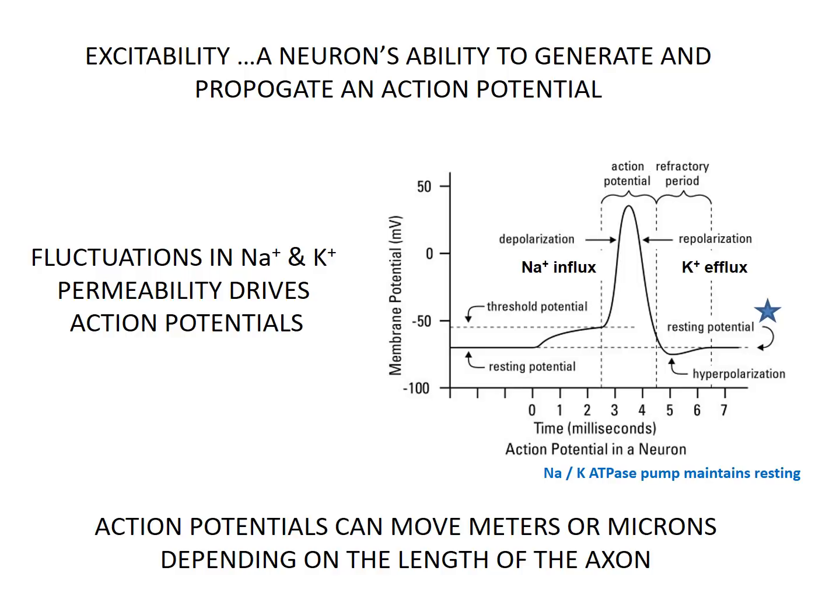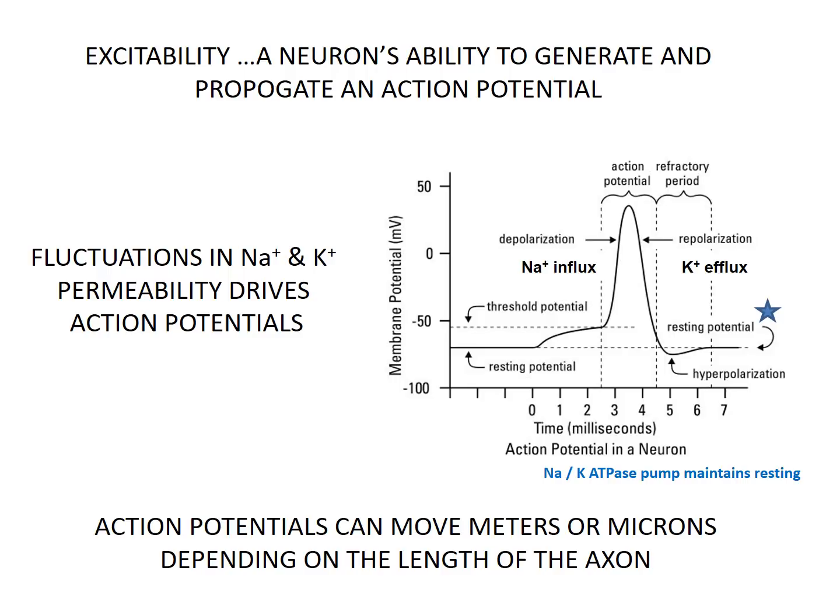The axons of neurons can be very, very short, where the action potential only travels a couple of microns, or these axons can be very long, such as axons in the spinal cord, where the action potential can be delivered over meters.